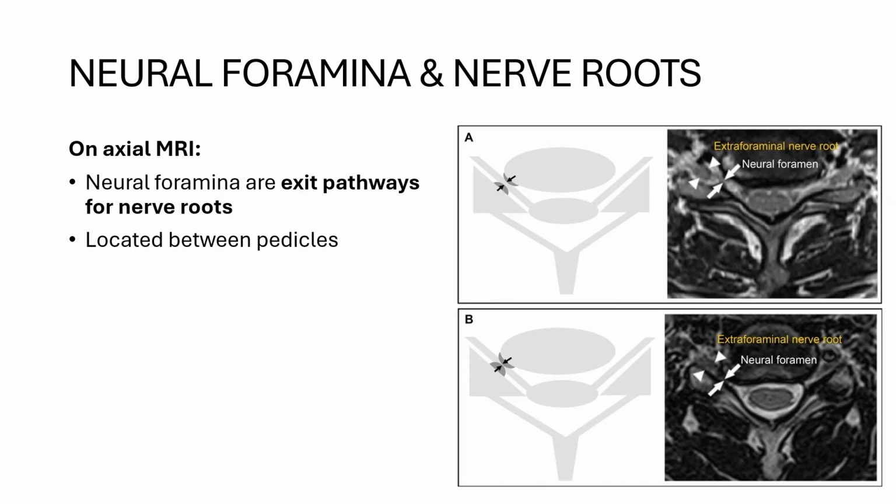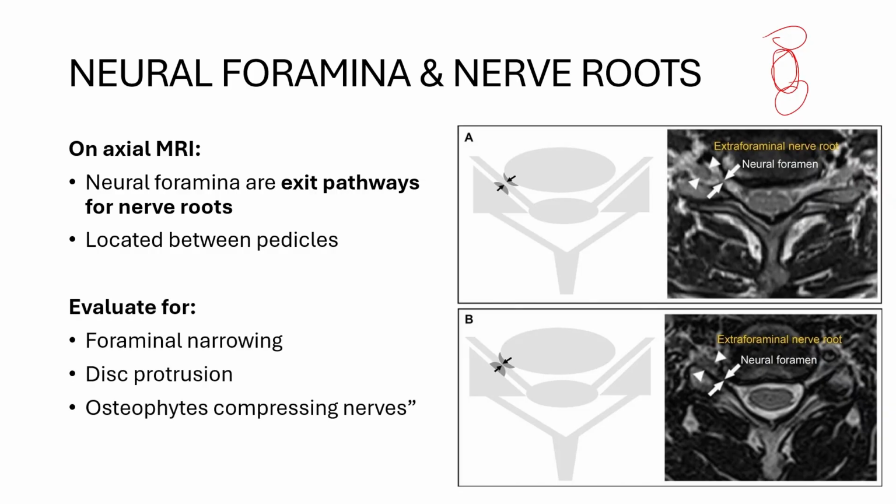Now the neural foramina and nerve roots in the cervical region. Neural foramina are the exiting pathway for the nerve roots, as we can see here. These are the neural foramina, located between the pedicles, both the superior and inferior pedicles. On axial section, they lie between the vertebral body anteriorly and the facet joints posteriorly. These are evaluated for foraminal narrowing, due to disc protrusion or osteophyte.